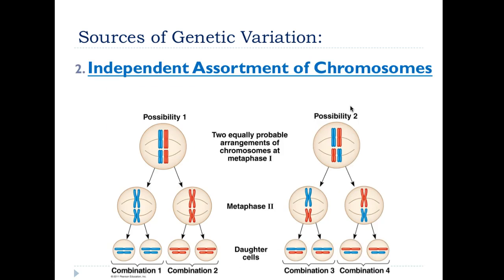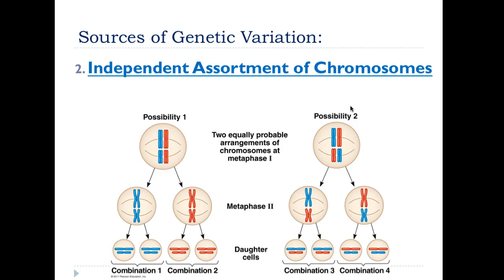You also have independent assortment of chromosomes, and this is a term that you learned in Mendelian genetics. You learned of the principle of dominance, the law of independent assortment, and the law of segregation. So independent assortment allows you to have assortment of chromosomes that will take place independent of one another.